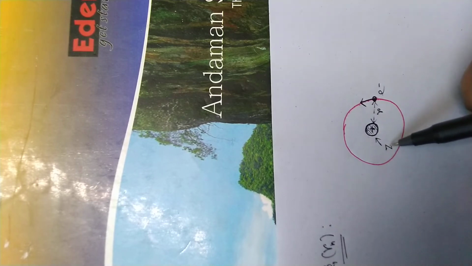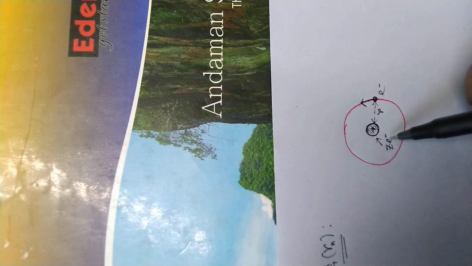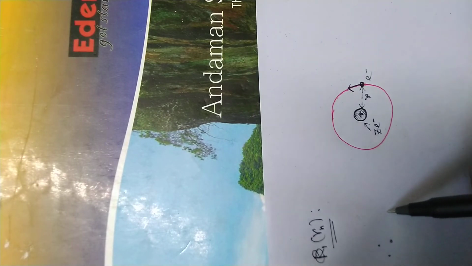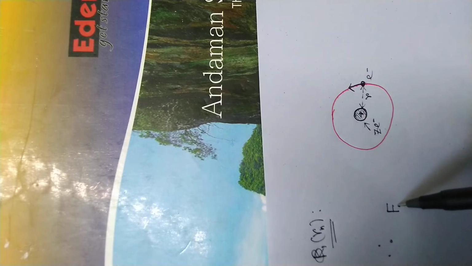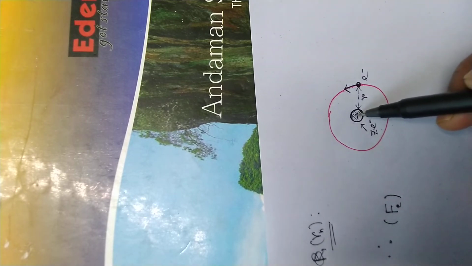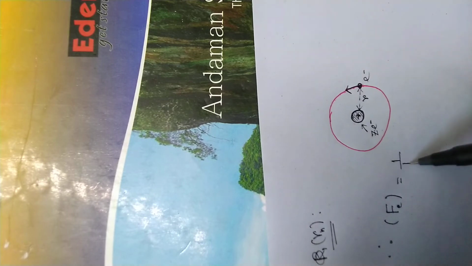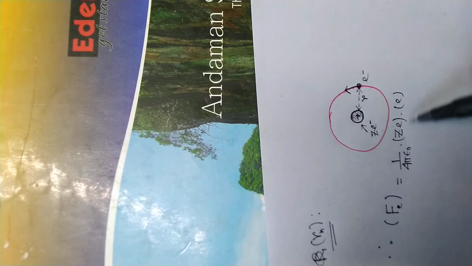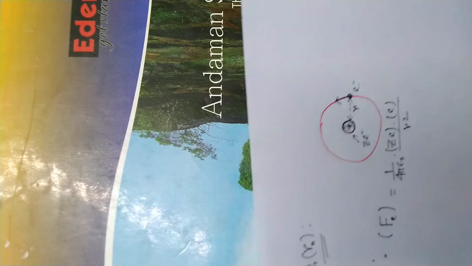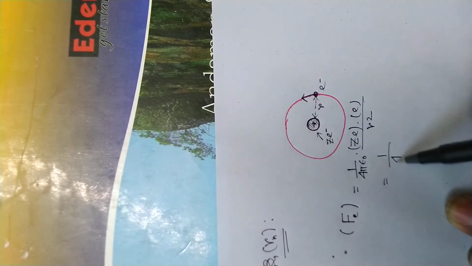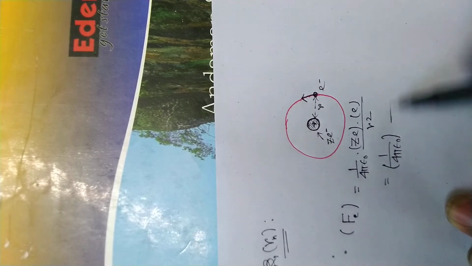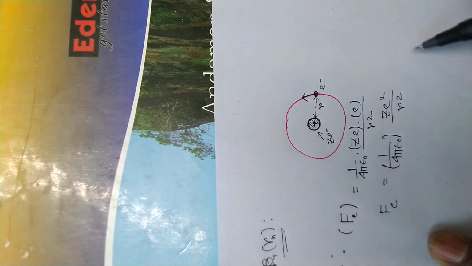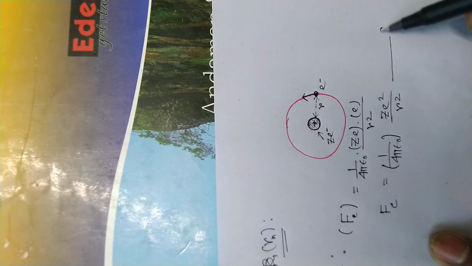That should be the number of protons Z into the electronic charge e. Therefore the electrostatic force of attraction, the Coulomb force, between the nucleus and the electron is 1 over 4 pi epsilon naught, q1 q2, that is Ze square, divided by r square. This is our equation number 1.